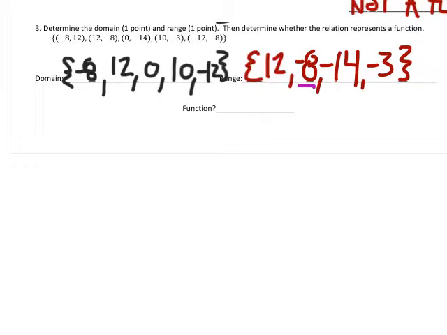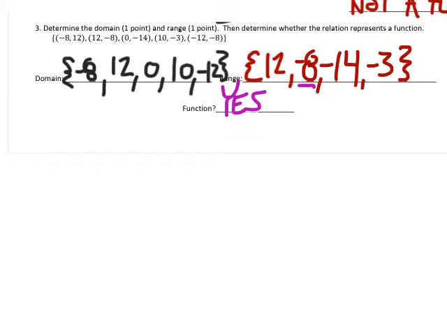So is this a function? If I put any of these domain values in, or x values in, do I know what will come out? And the answer is yes. Now, even though negative 8 repeats for the range, it repeats for different values of the x's, or the domain values.